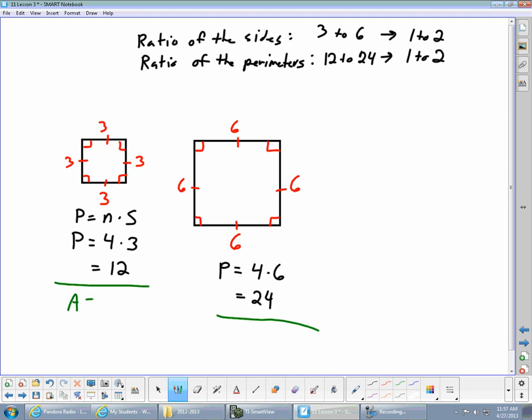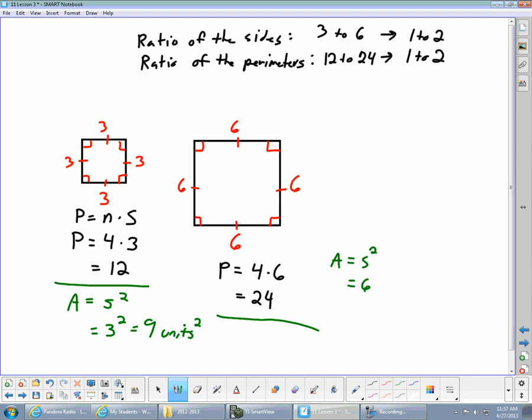Let's find the area of the square on the left. Area is s squared, so we take 3 and square it, and what we'll get is 9 square units. The area of the square on the right is area equals s squared.